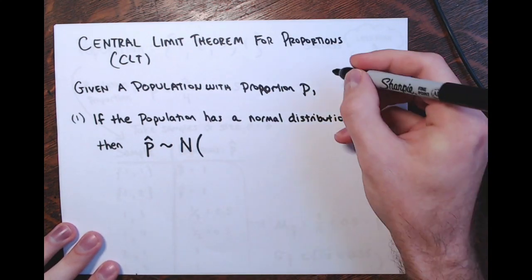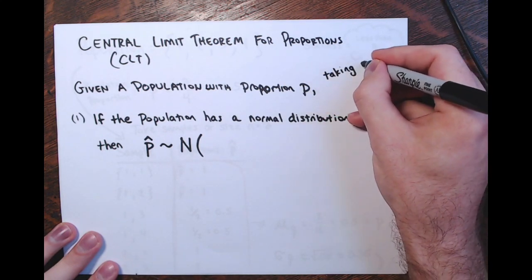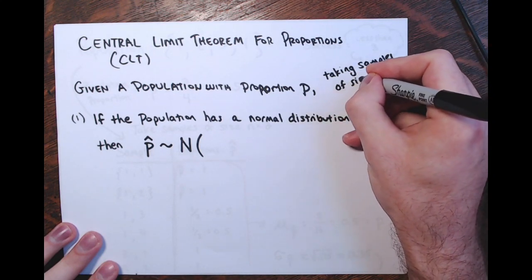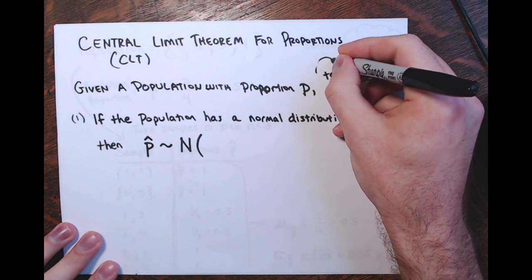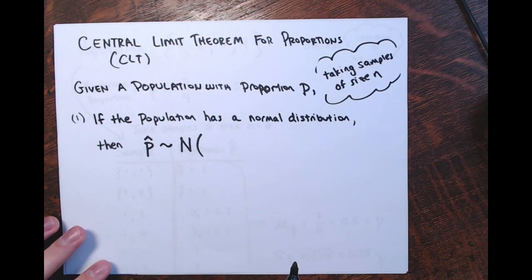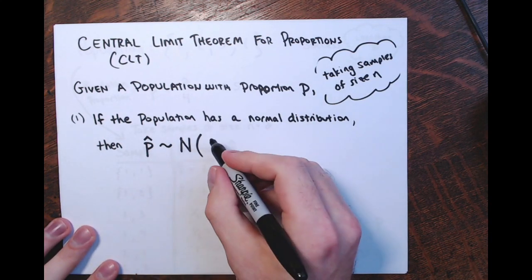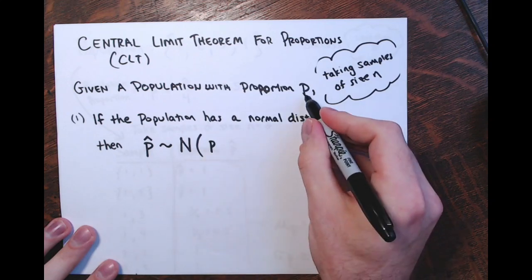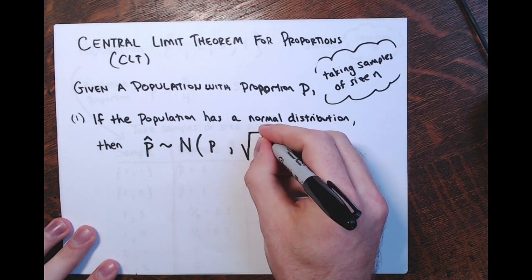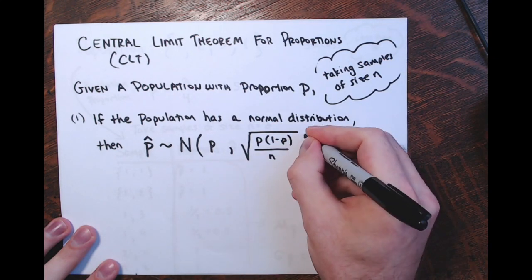Again, if you're taking samples of size n out of this population and looking at the p-hats, the proportions, the distribution of all those sample proportions would be normal with a mean of p and a standard deviation of the square root of p times 1 minus p over n, all under the square root.